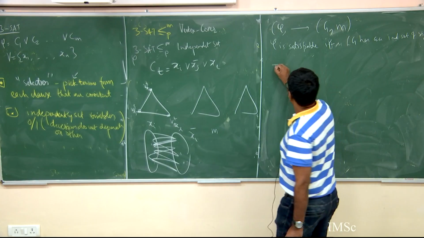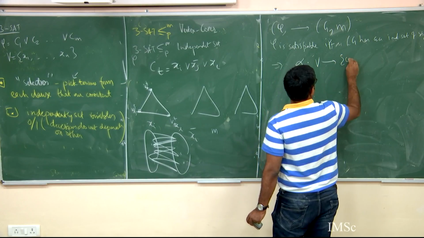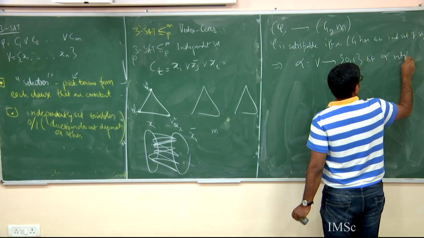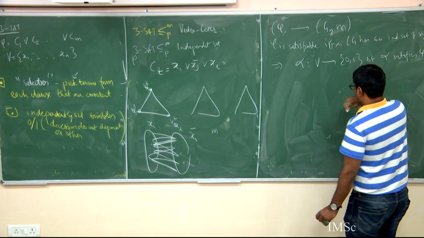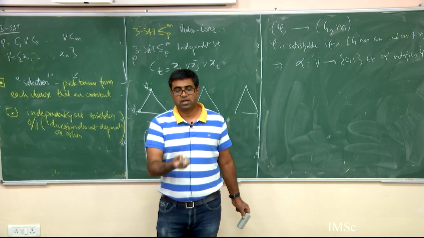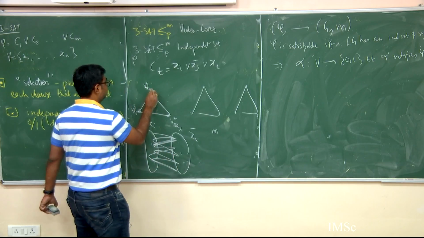Okay, fine. Look at the forward direction. It means there exists a function alpha that satisfies phi. It means from every clause, at least one literal is set to true. From this, let's go and pick them up.